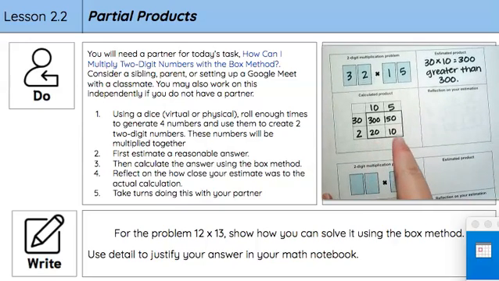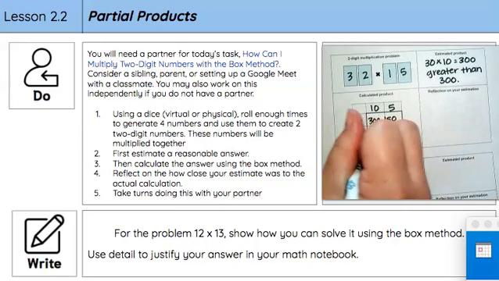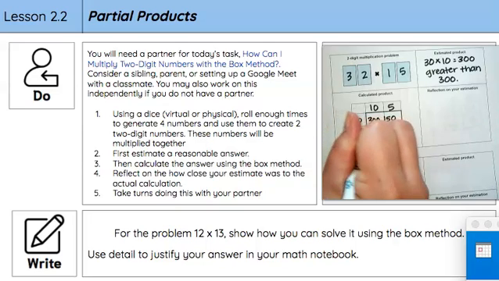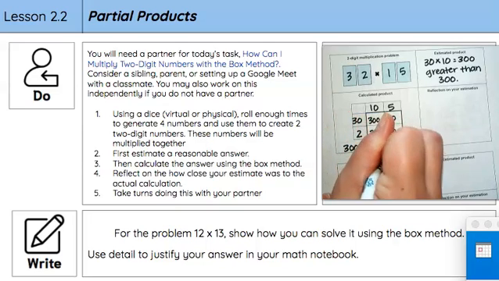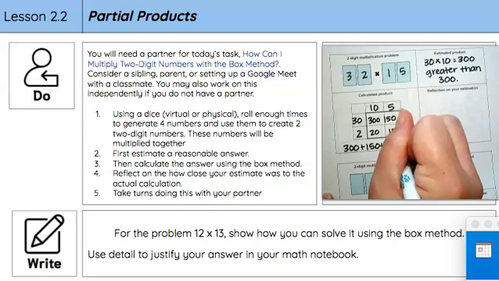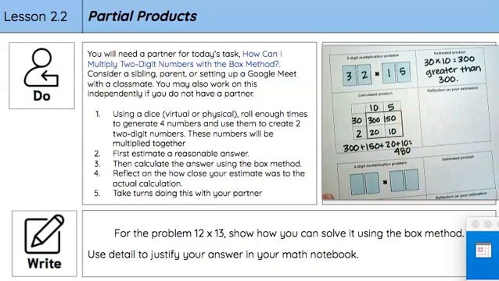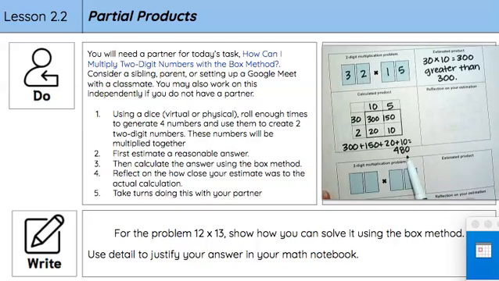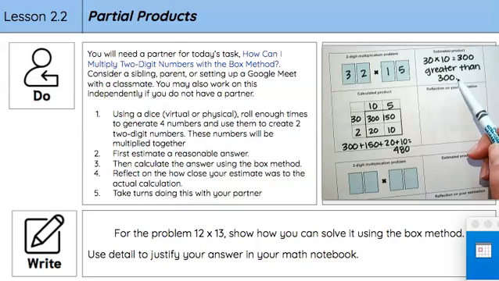After I get all of my partial products, I need to add them up. And my actual product is 480, which is greater than 300.